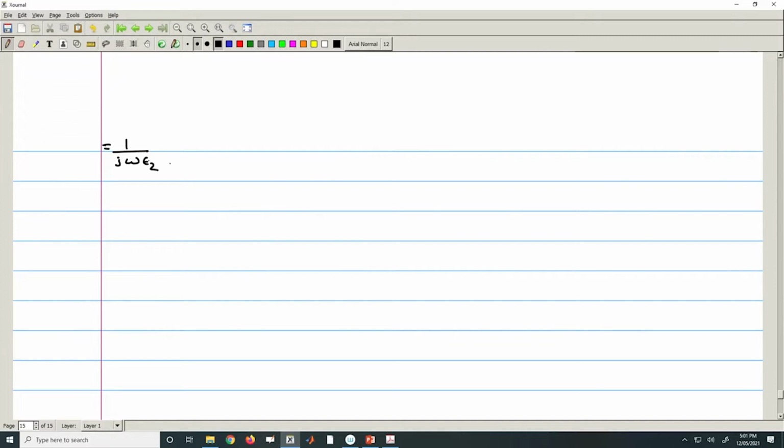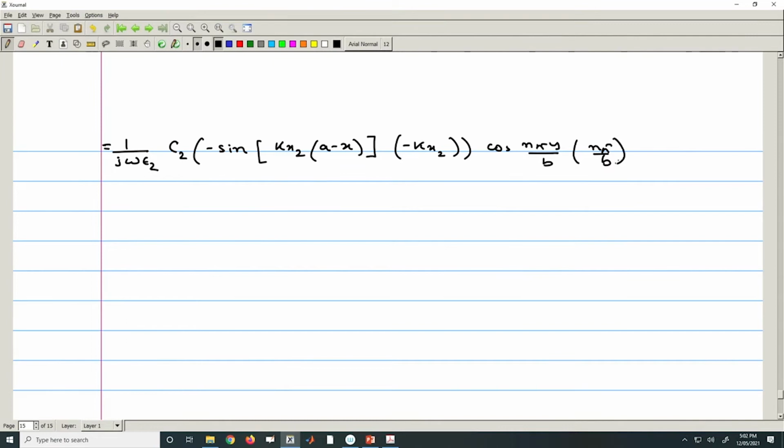So we will have C2, cos of kx2(a − x) will be minus of sin kx2(a − x), multiplied by minus kx2, cos of nπy upon b, nπ by b, sin of pπz by c.